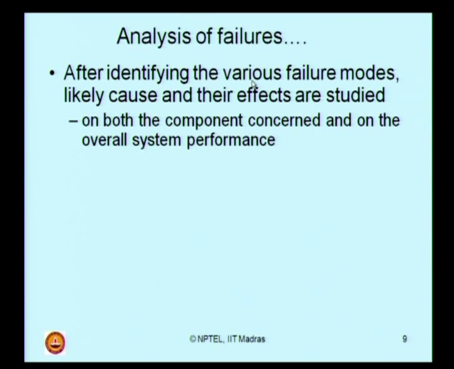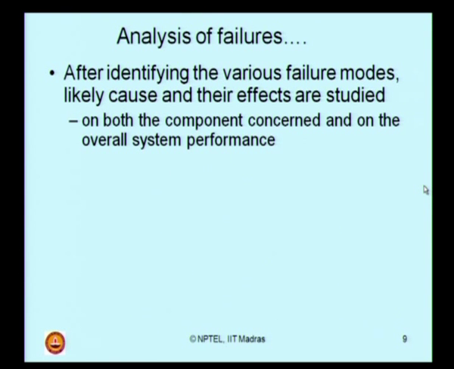After identifying the various failure modes, the likely causes and their effects are then studied. The causes and effects are studied on both the components concerned and on the overall performance of the system. Remember that. I want to know the cause and effect of the failure mode of the component, and the sequential effect of that failure of a component on the overall performance of the system. That is what FMEA is.